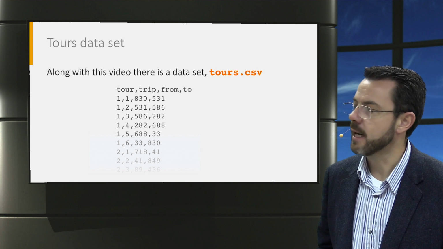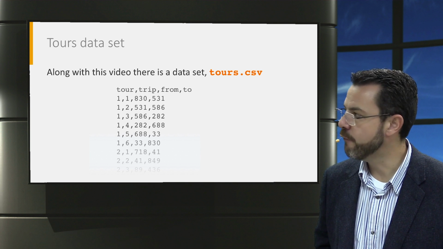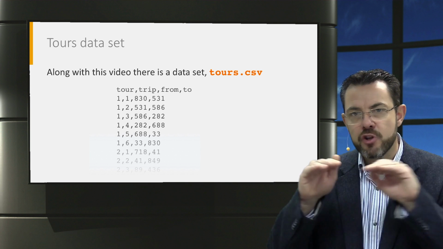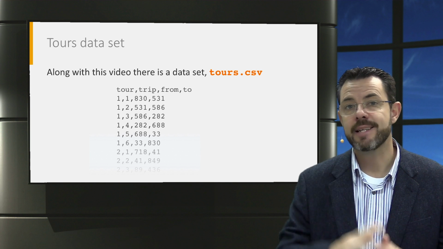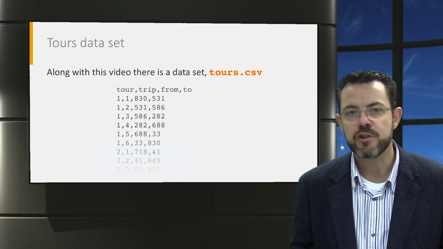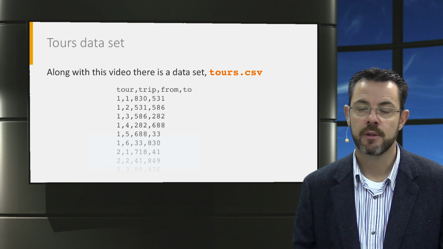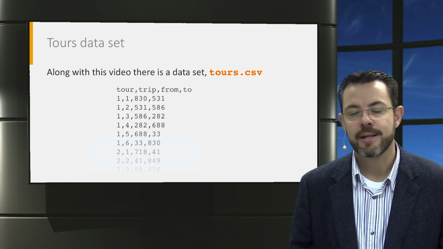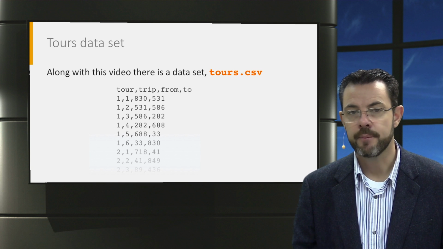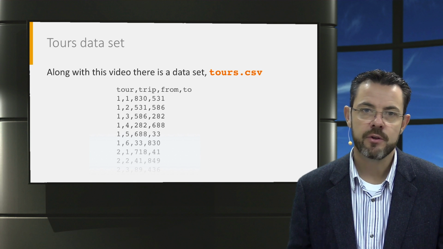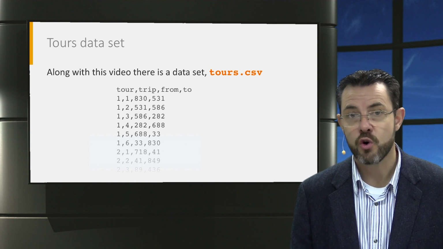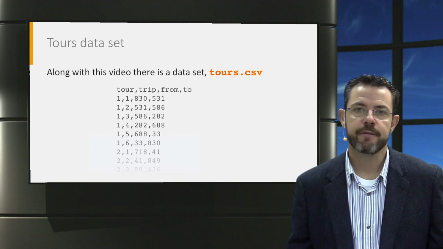When you look at this file, you will see that it has 4 columns. Each line or record is a trip. The first column tells you the tour number to which the trip belongs. The second column tells you the trip's position in the tour. The third column tells you the facility number where the trip originated, and the fourth is the facility number where the trip ended.